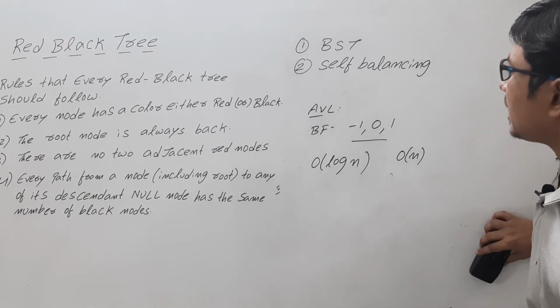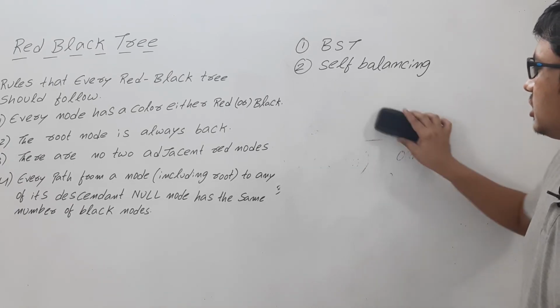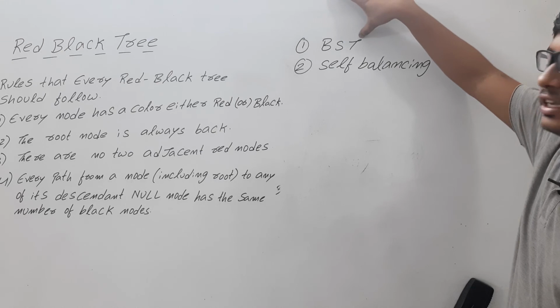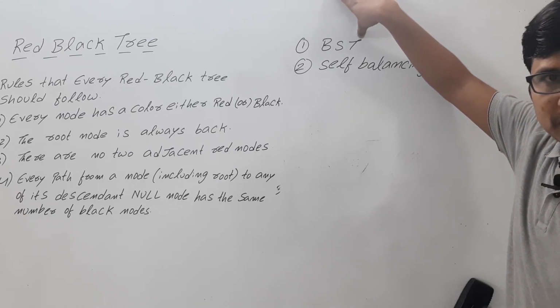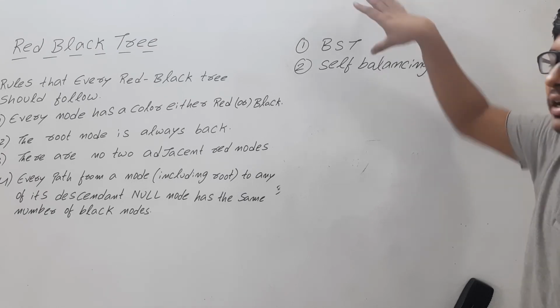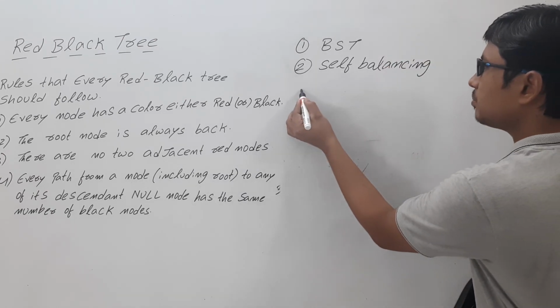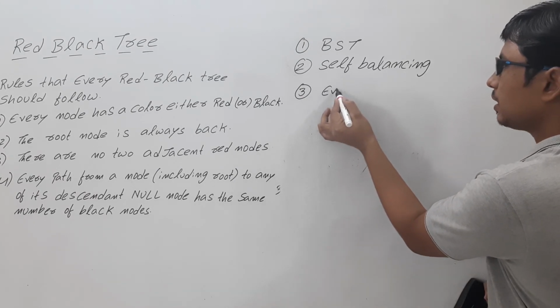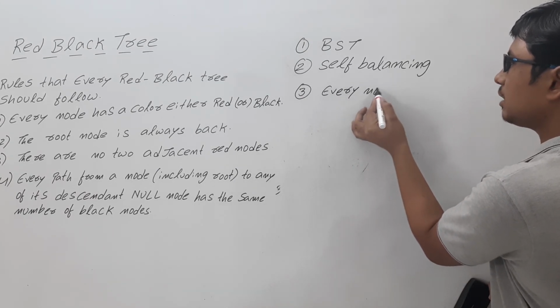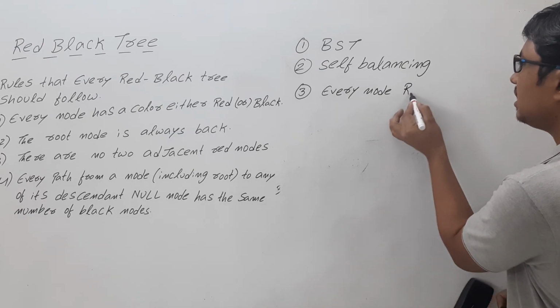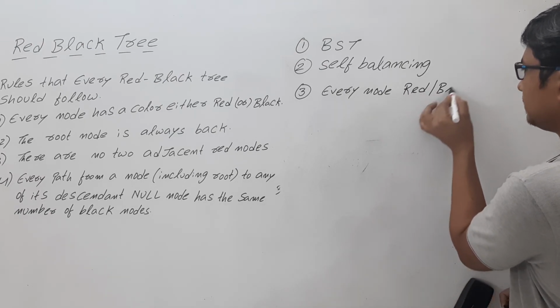Okay, now you can ask me, sir, what is the difference between an AVL tree and a red-black tree? The AVL tree also satisfies the properties of a binary search tree, and the AVL tree is also self-balancing. Coming to the red-black tree, every node in the red-black tree should have a color, either red or black.